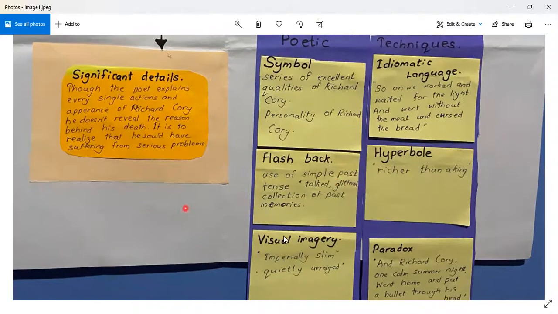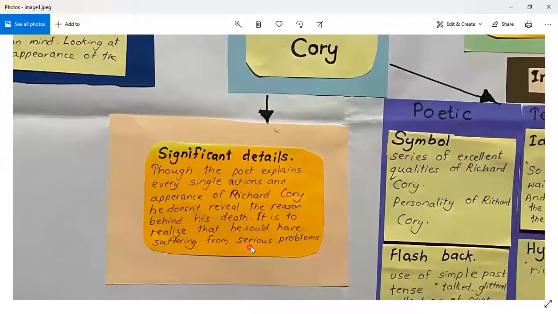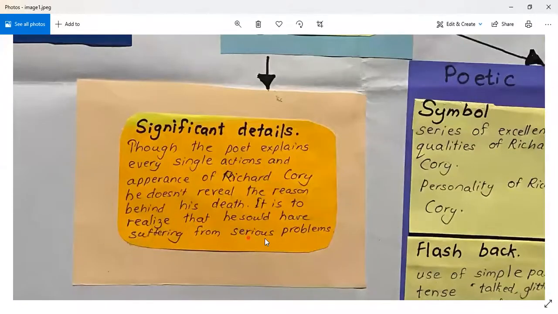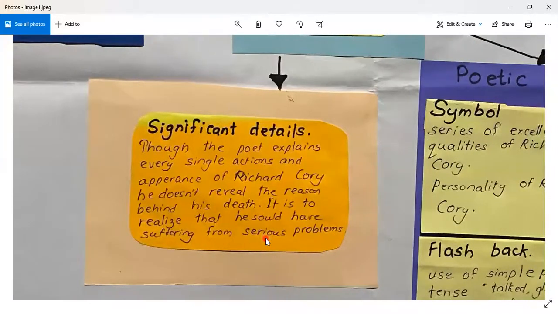Now, when you are writing significant details or special details, you can compare the incident in the poem and then write what significant detail you realize.